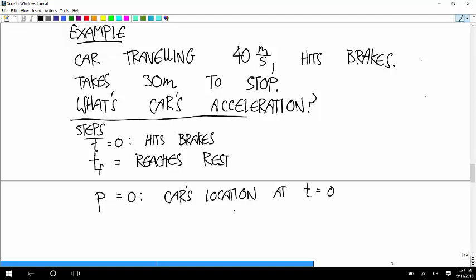And that is not what this has to be, but often we're going to make that decision. Okay. And then what do you want to call positive direction? Okay, the direction the car is going.